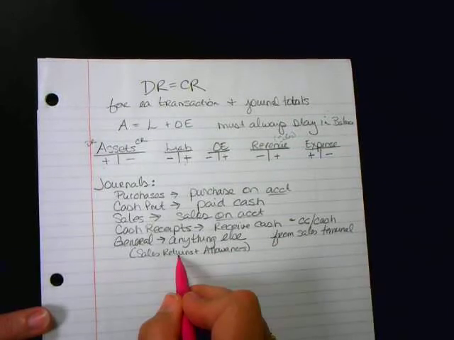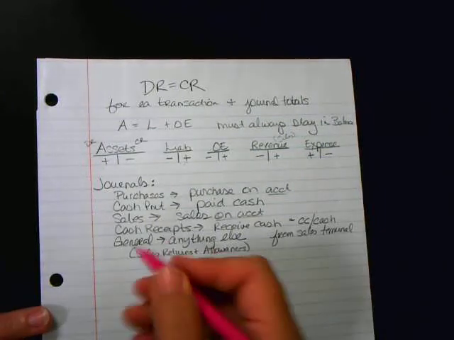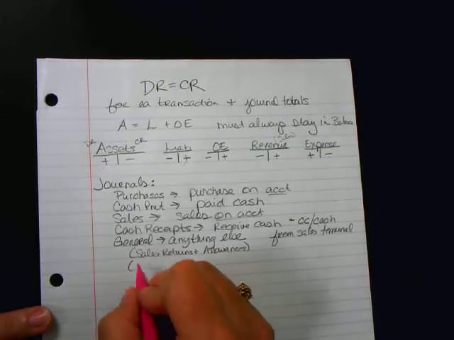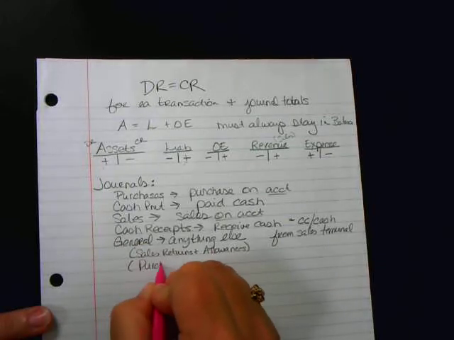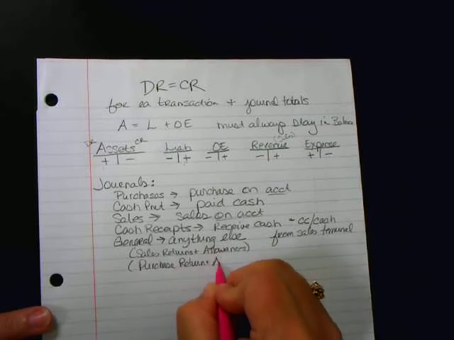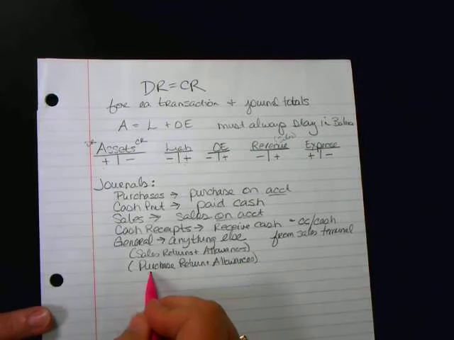And basically when we've made a sale and they're returning it to us because it was damaged, they didn't like it, it was the wrong color, whatever the case may be. And then purchase return and allowance. Again, we made a purchase, we didn't like it, it was the wrong color, we returned it to the company.